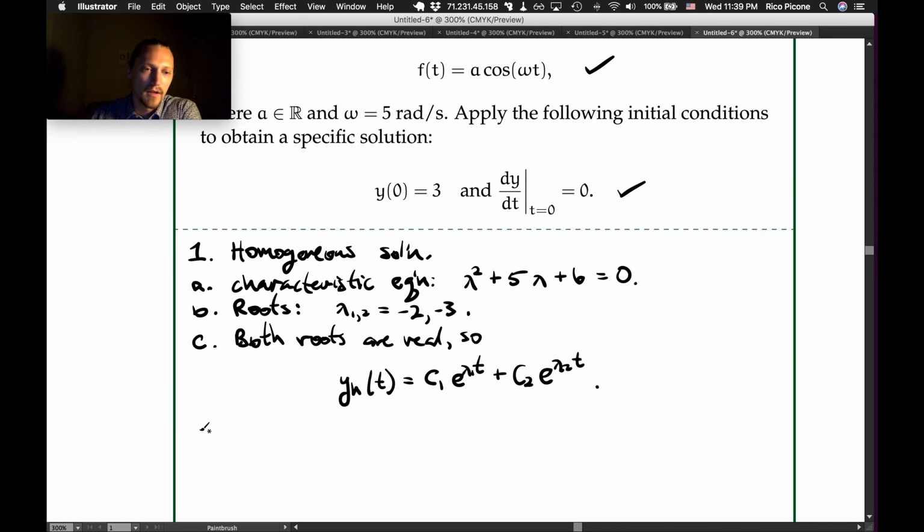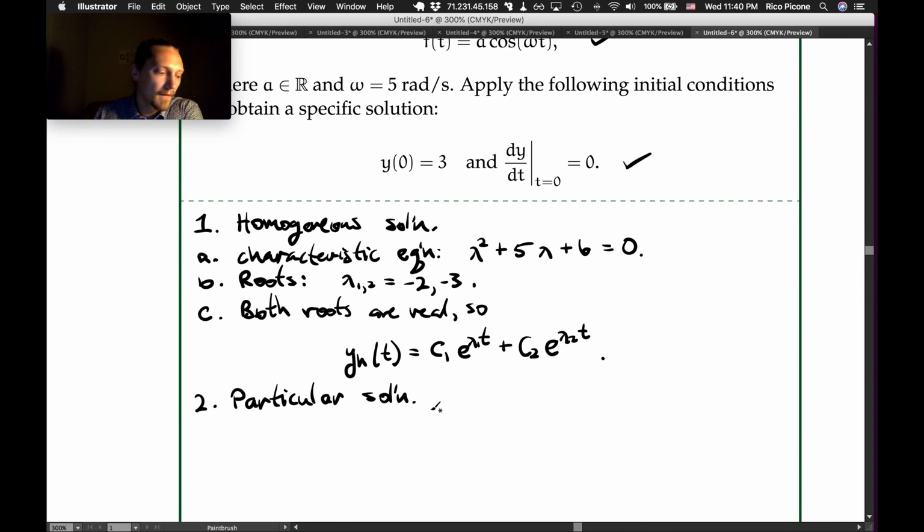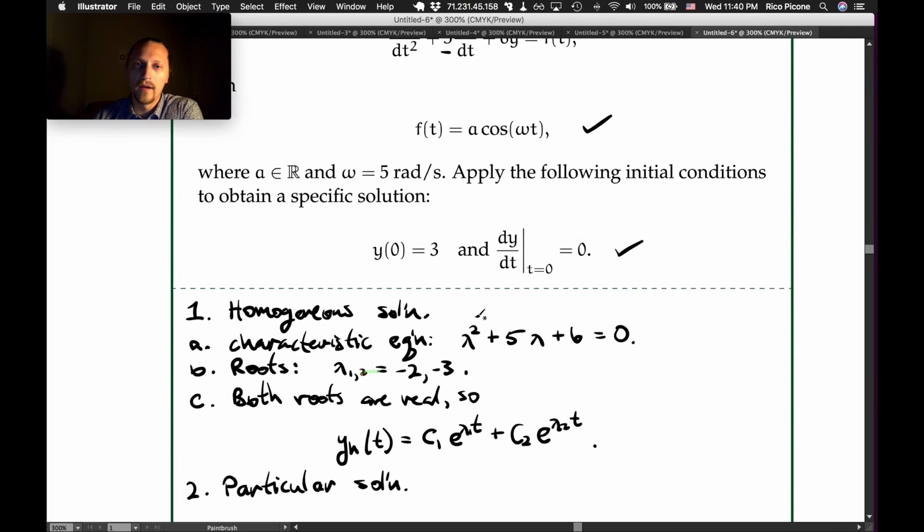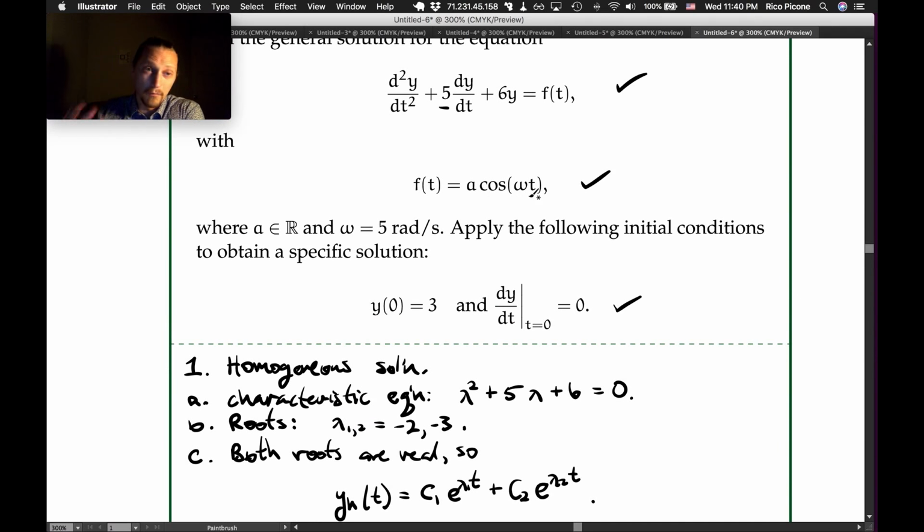Great. Two, we need the particular solution. So what's the first step? We need to look at the form of our forcing function. And we actually have a sinusoid just like we had in the last one.